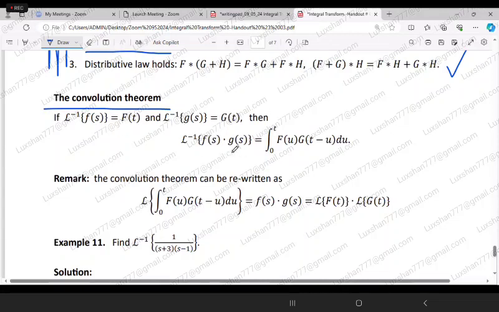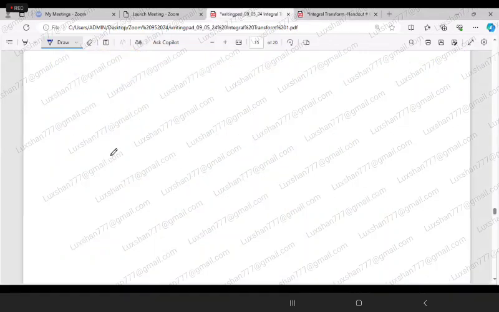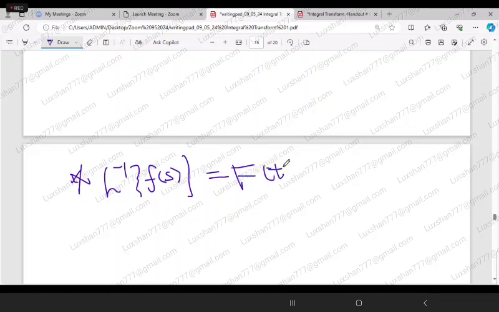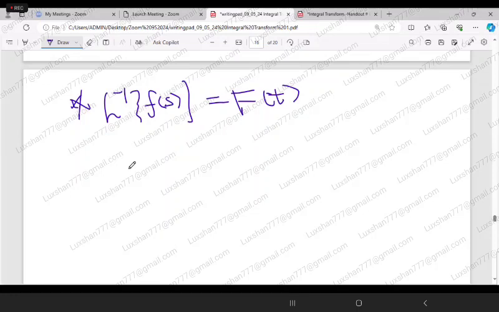So you see, when two functions are multiplied, for example, the inverse Laplace transform of F(s) is f(t), and the inverse Laplace transform of G(s) is g(t).